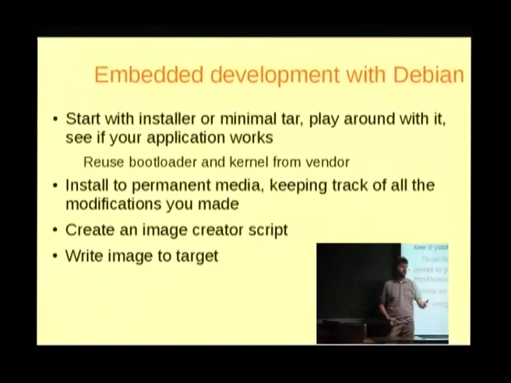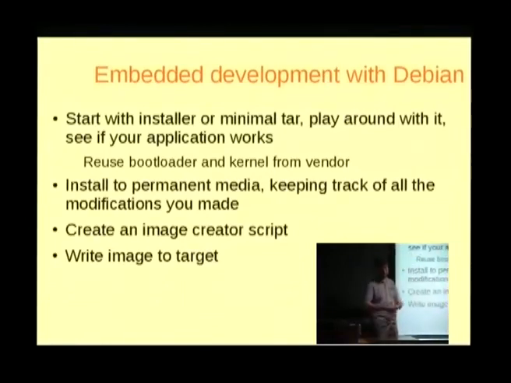When you buy a development board, nowadays almost always Linux is provided with it, and so you get an SD card or some bootable media with a bootloader and a kernel, and you can start from that, and then you can add any kind of root file system to it. So you can just take your Debian root file system, extract it to the SD card, and voila, you have a Debian system.